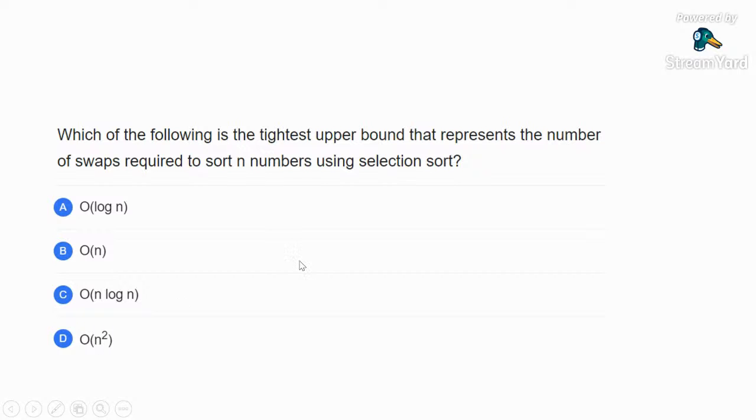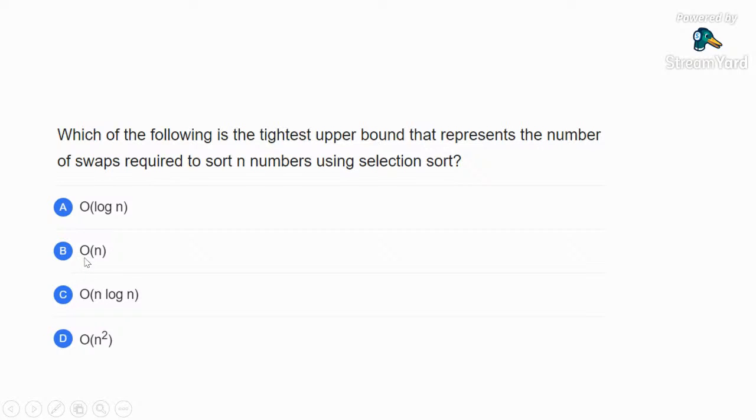But this is asking for the tightest upper bound. Tightest upper bound means the bound provided by the asymptotic notation should be tight. The bounds provided by order of n, n log n and n square are all correct, but which is the tightest one? The tightest one will be option B only.